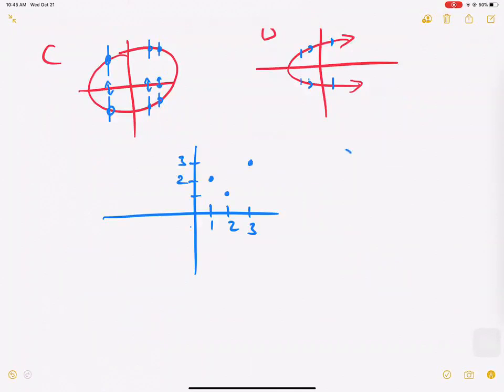Okay, and there'll be a table of x and y's, and you're just going to fill out the missing part. Or this could be written as a set of ordered pairs.